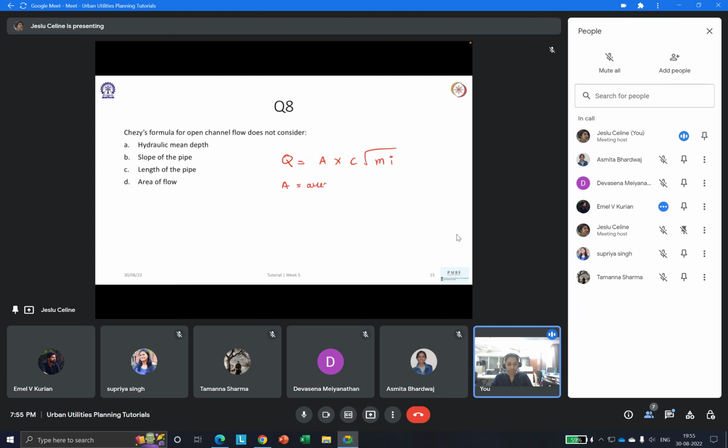A is the area of flow. And what is C? C is Chezy's coefficient, it's called Chezy's constant. And M is our hydraulic radius or hydraulic mean, it's called. So that's the reason why it's M over here, hydraulic mean, and I is basically our slope.